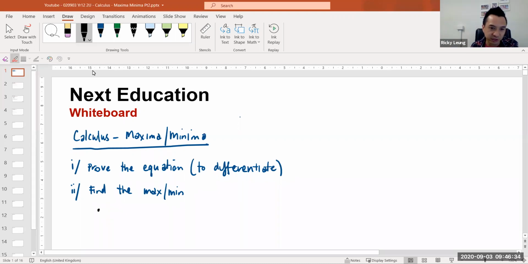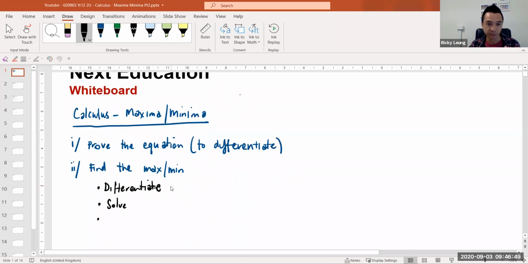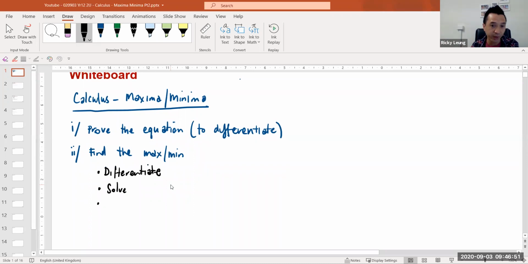Within part two, it's very important for you to identify 3 to 4 steps. First one is to differentiate the equation that you've derived in part one, and solve. Once you differentiate, you solve, because when you're trying to find maximum or minimum, you solve the derivative equal to zero, and then you test for max or min.